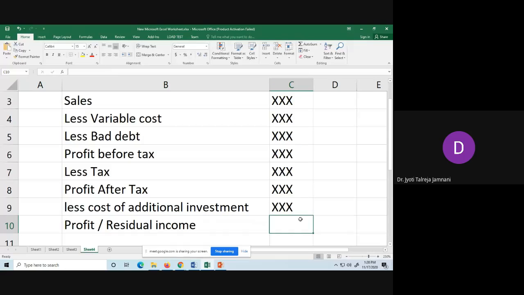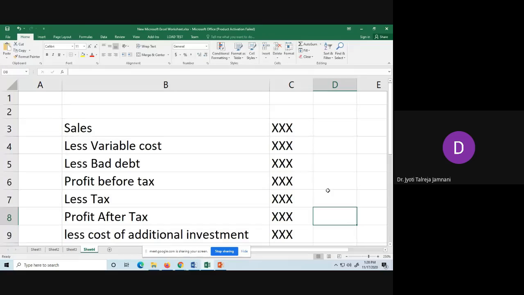This is the logic of the formula. If you cannot learn it by heart, understand it. From sales, we have to minus the cost. First we'll minus the variable cost, so delta S into 1 minus V. Then we'll minus the bad debt cost, so minus delta S into BN. We will get profit before tax.